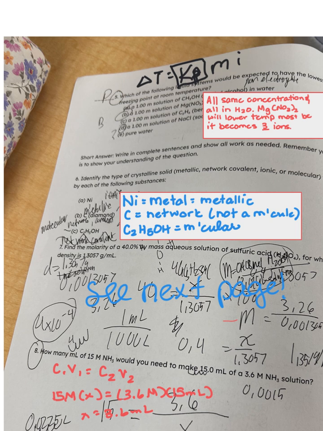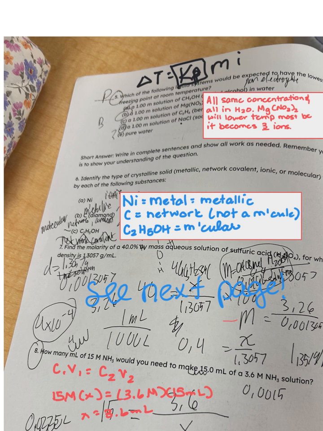So the only thing that makes our freezing point change more is the i. Well, this is basically a non-electrolyte. It doesn't split. So it would have an i of 1. The benzene would have an i of 1. It doesn't split. Sodium chloride is going to separate into sodium ions and chloride ions.